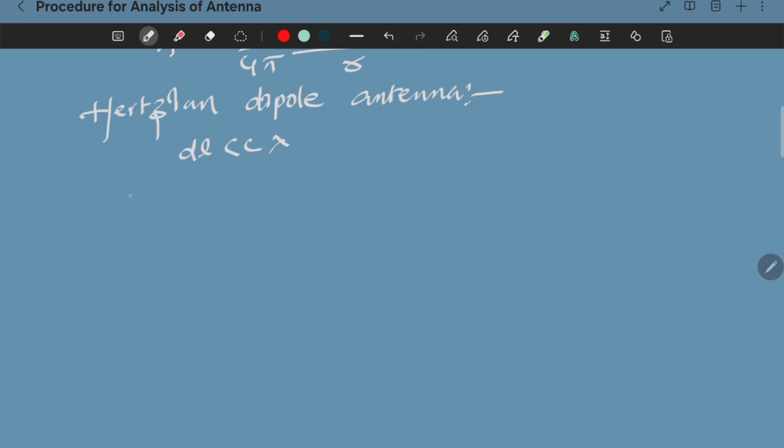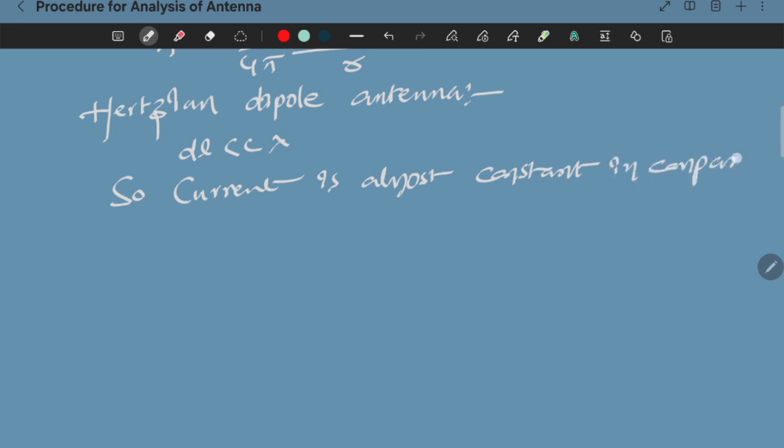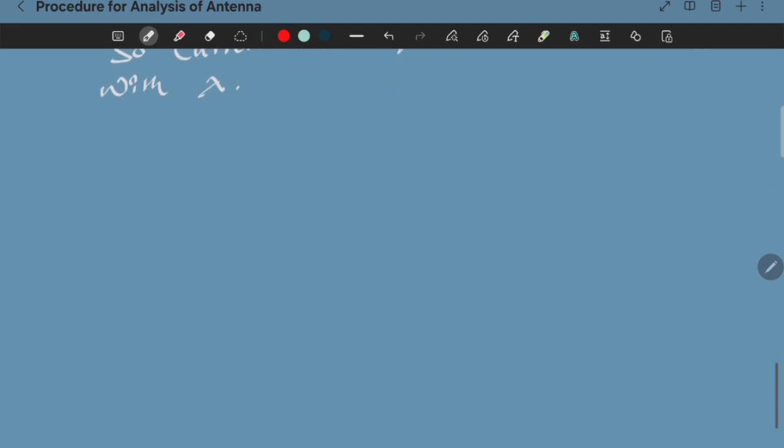So current is almost constant in comparison to lambda, and we assume that the current element is available on the z axis.